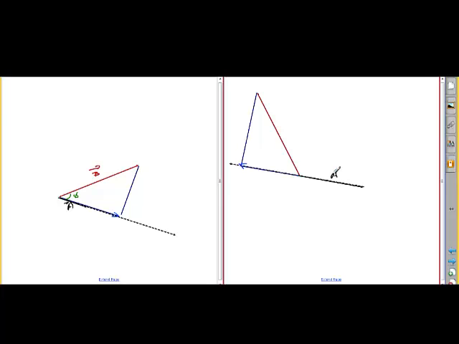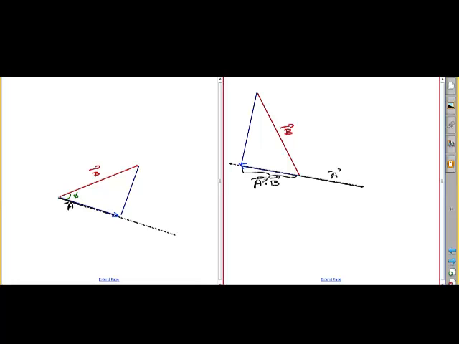So again, this was vector A, which was going from here to here. This was vector B. This vector, the blue vector, is vector A dotted with vector B. And actually, one thing I didn't point out correctly is the dot product is this distance.